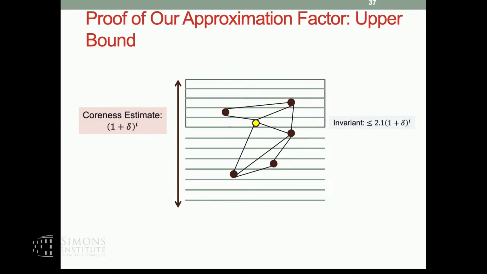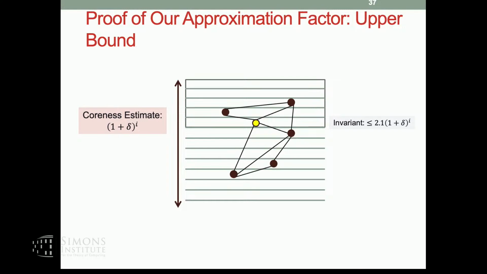You repeat this process until there are no more such vertices, and then you increment i to i plus 1 and repeat. Eventually the whole graph is removed. If a vertex gets removed in round i, you assign it a Coreness value of i. That's how the static algorithm for k-core works.